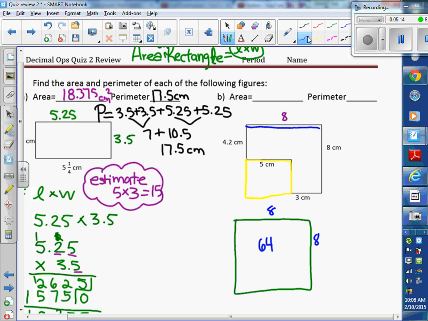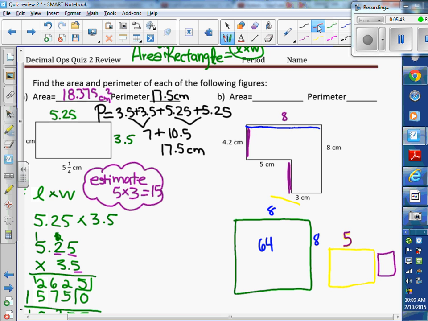Now, this is 4.2, and we have to figure out what this is, because that yellow rectangle, we pull it out of the problem, we know that it's 5, but we don't know what this side is yet. We need to figure that out.